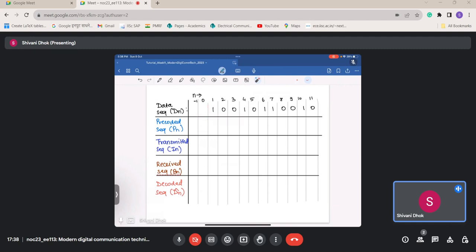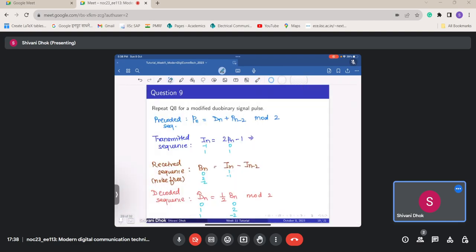Similarly, for n equal to 3, I'll look at the precoder value at n equal to 1. And we need to do modulo 2 addition.